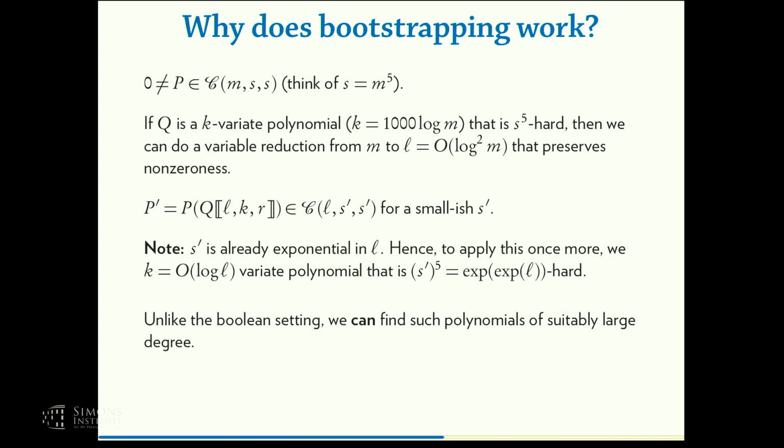And this is, in some sense, what allows us to do this bootstrapping. The message of this whole thing is that there is really nothing stopping you from doing this bootstrapping again and again. You just need to be using the degree of the polynomials you're working with as well. This is, in my opinion, the key difference between what is happening in the algebraic world versus what is happening in the Boolean world.